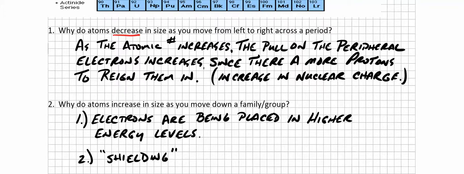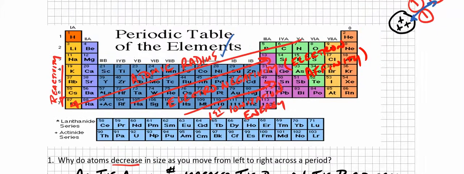And here's what it says. As the atomic number increases, the pull on the peripheral electrons increases since there are more protons to rein them in. That's an increase in nuclear charge. So let's take a look again at a particular row. Let's take a look at this second row, going from lithium to beryllium to boron and so forth.